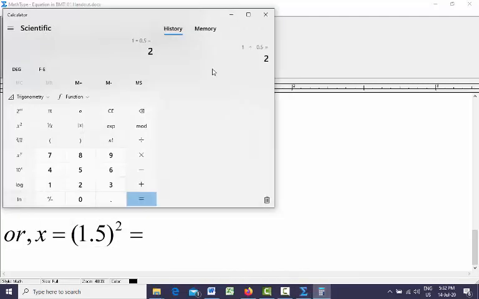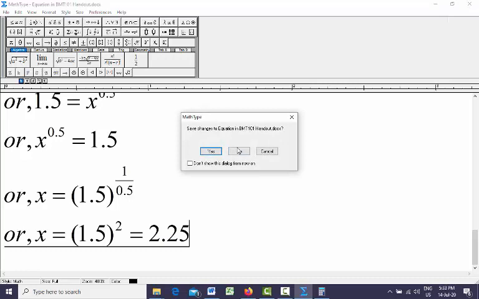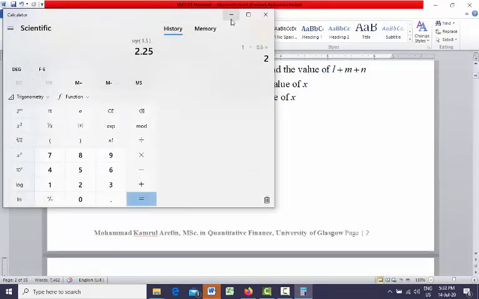Let's do the calculation again. 1.5 squared is equal to 2.25. So that means the value of x is 2.25. So that's the answer to this question.